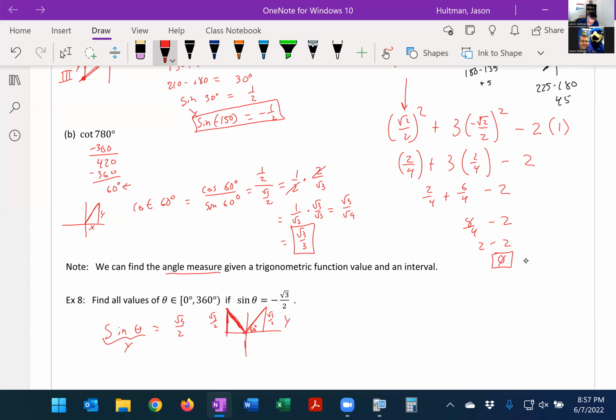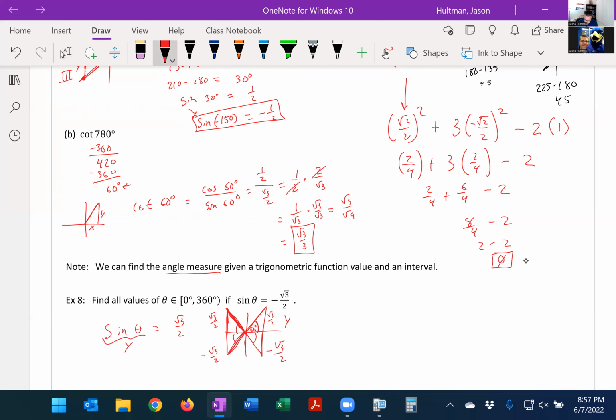So we'd have to drop down to quadrant 3 and quadrant 4, and our reference angle is going to be 60 degrees. So what angles are going to give me negative radical 3/2 for the sine function, for the y value? They're all going to have a reference angle of 60.